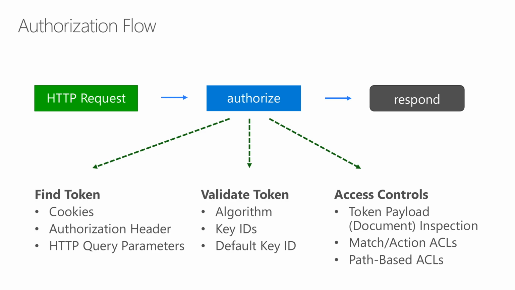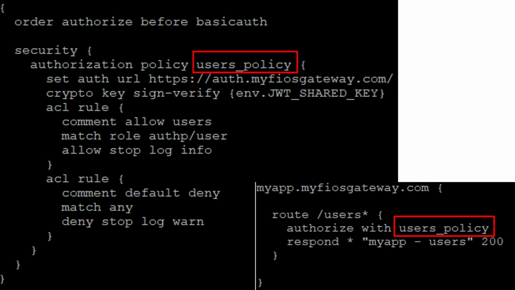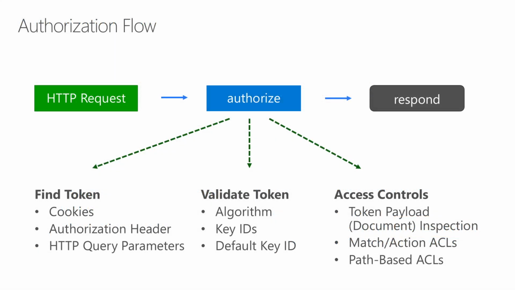There is also, beyond the very basic match action pattern you saw, something called path-based ACLs, whereby inside the token you encode the URIs that you would allow the user to come in, and so the plugin would inspect those URIs inside the token, match them to where you're going, and then allow or deny based on that.